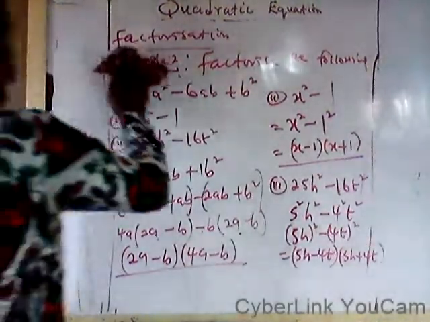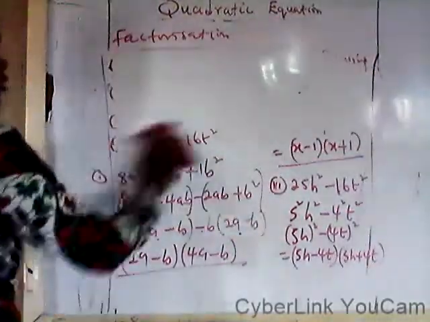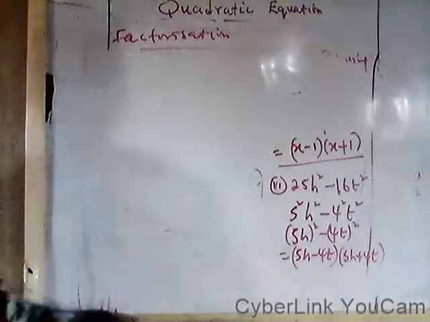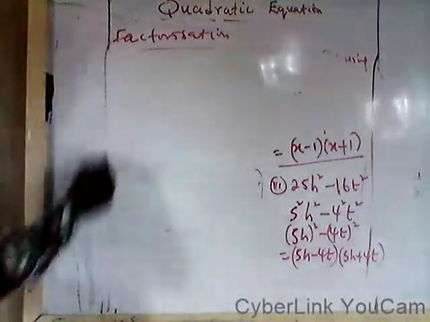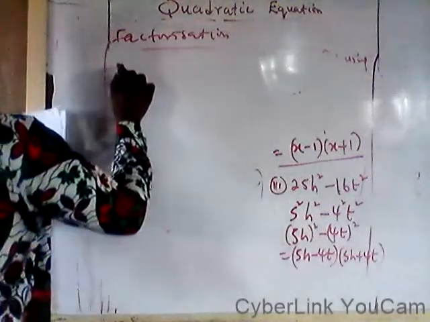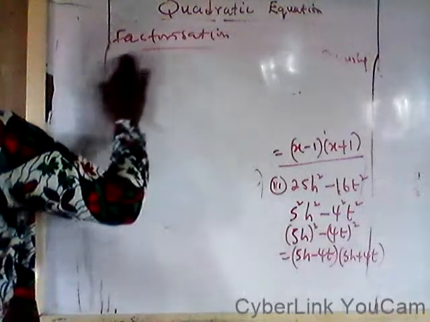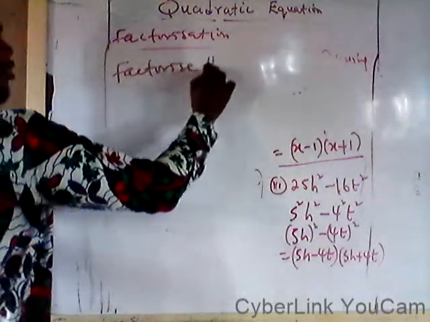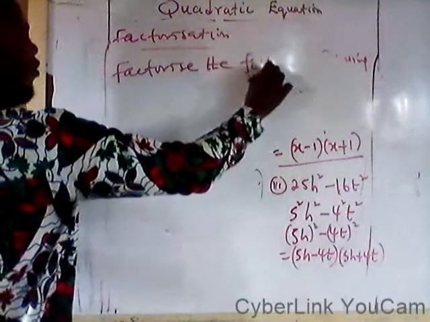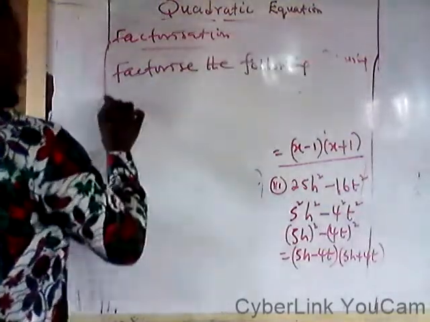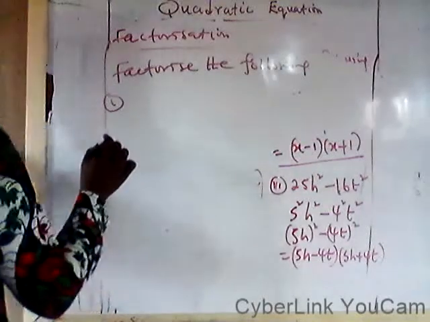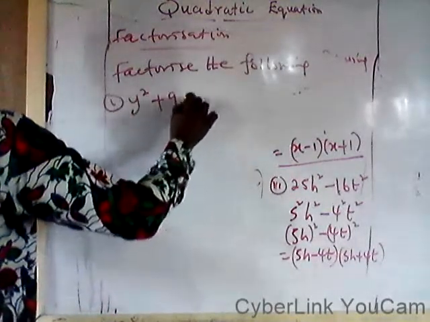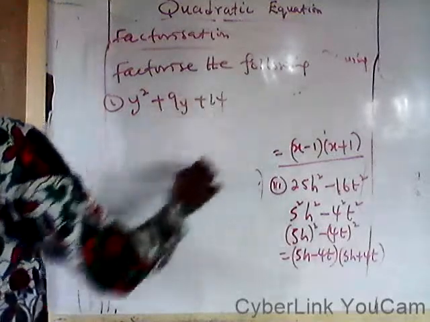Now, the questions we're going to work on as your assignments. Please quickly play around with these questions. Solve the following. Factorize the following. The first one you have to factorize is y squared plus 9y plus 14.